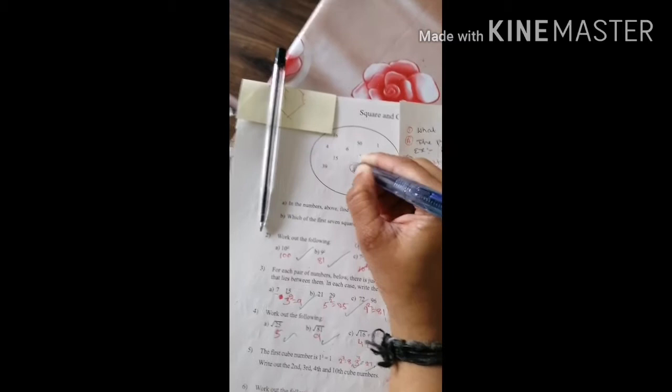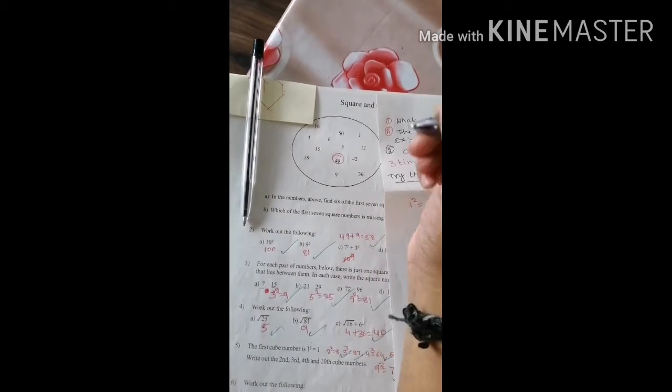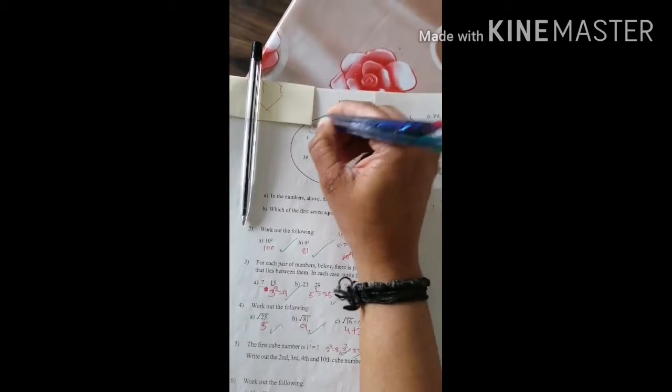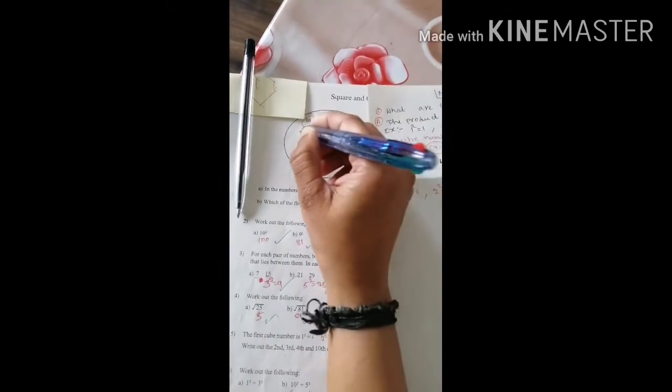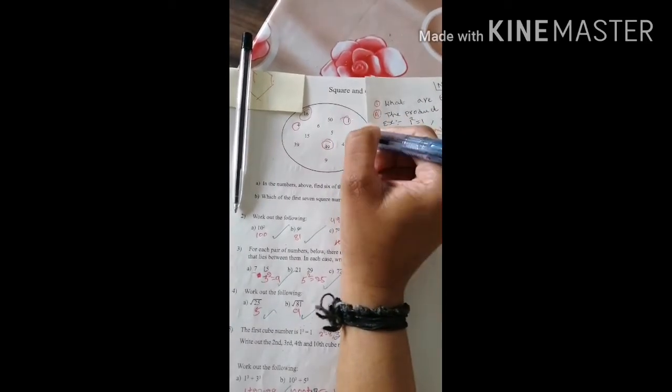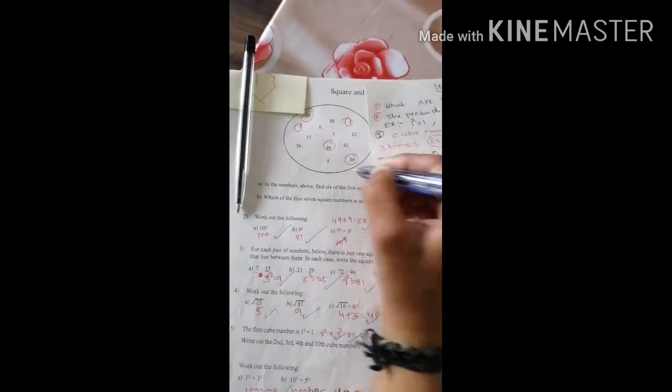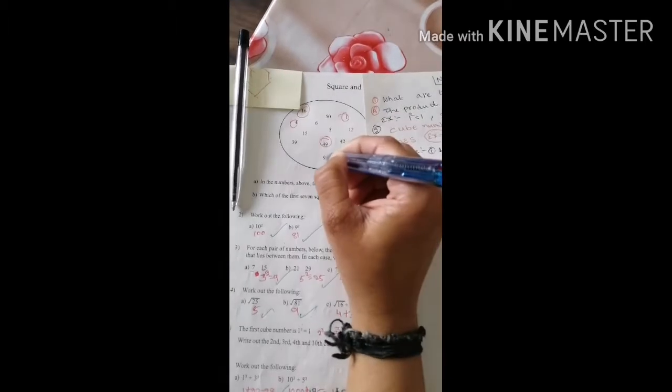So 49 and 16, 1, 4, 25. There is no 25, so we don't need to write. 36. Yes, and there is 9.